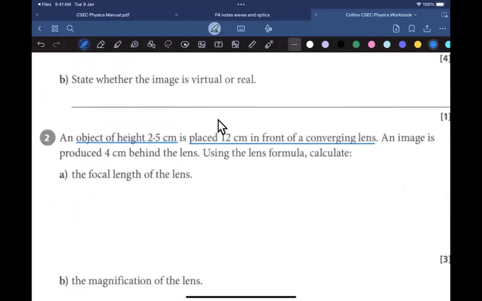It's a very interesting question. Four centimeters behind the lens. You like that typo there? Because if they're saying it's a convergent lens, the image is always produced in front of the lens.